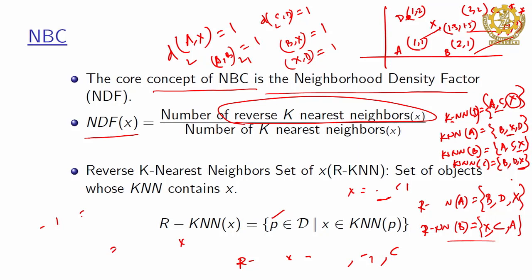So even though the k value is 2, you have to include all 4 points in the kNN distance. Therefore, whenever you search for the reverse kNN, you have to search the kNN of all points. The k value is 2, but if there are multiple points at the same distance at the last level, you have to include all the points. That is done.